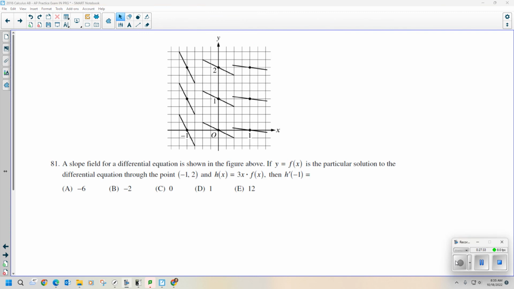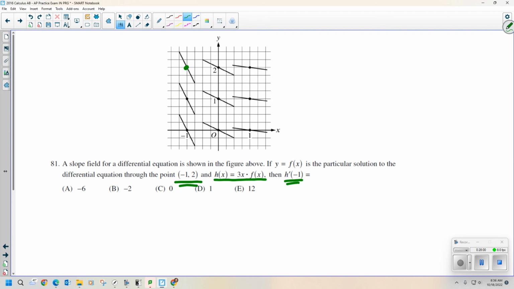Number 81 reads: a slope field for a differential equation is shown in the figure above, where y equals f of x is the particular solution to the differential equation through the point (-1, 2). That's important, (-1, 2), right here. And h of x equals 3x times f of x, then what's h prime of -1?